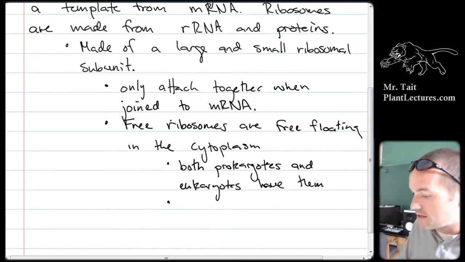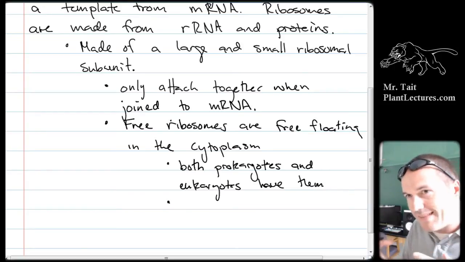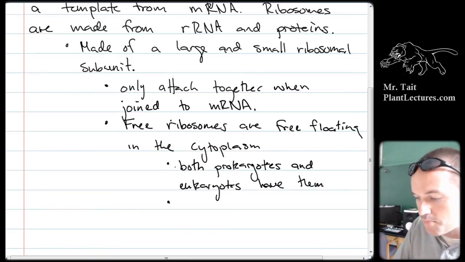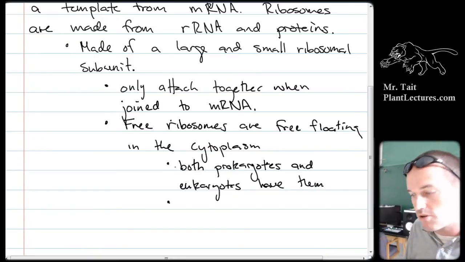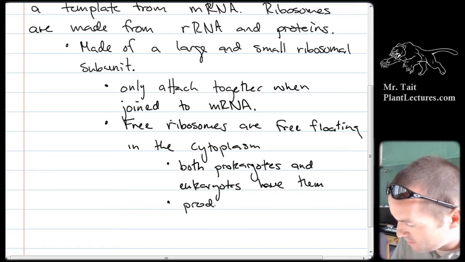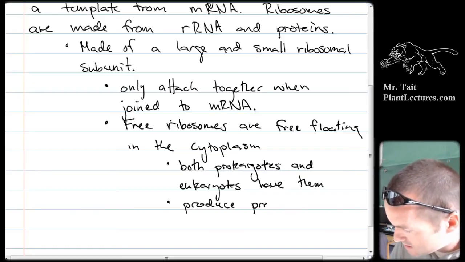Both prokaryotes and eukaryotes have them. What does a free ribosome make? It makes a protein, right? But these are proteins specifically that will be used within the cell. So we say these are proteins for intracellular use. They produce proteins for intracellular use.